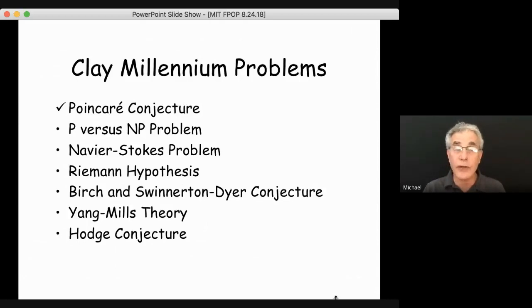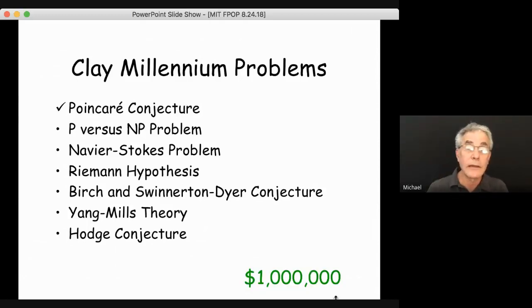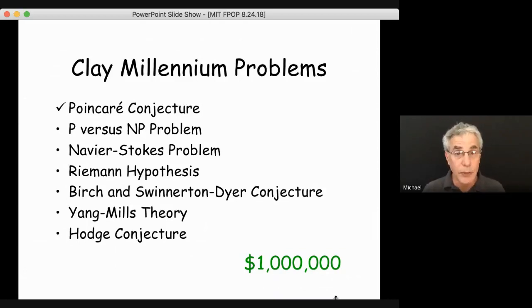And not only would you get fame and glory for solving any of these problems, but you'd also get $1 million because the businessman Landon Clay has offered a bounty for the solution to any one of these problems, namely $1 million. Of course, a mathematician may not care about the $1 million as much as about just solving the problem itself.